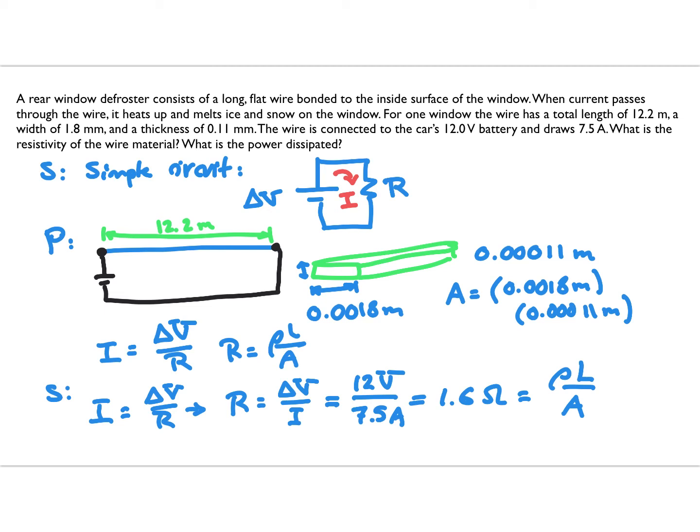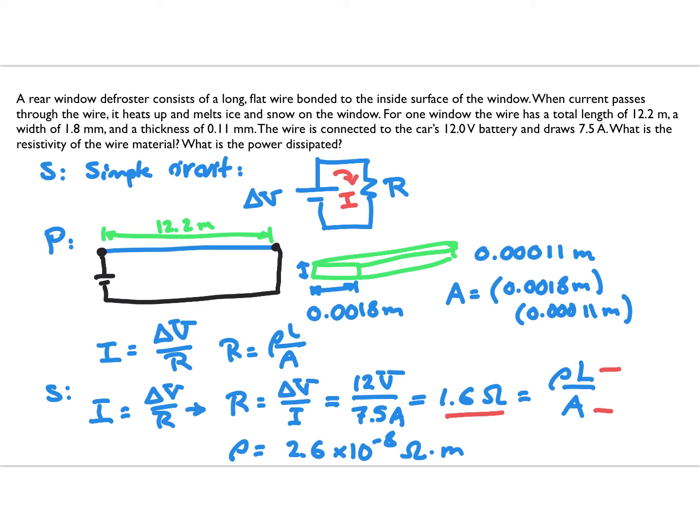So I know the resistance, the length, and the area. The only thing I don't know in that equation is the resistivity. So I can put those numbers in the equation and solve for the resistivity, and I get 2.6 times 10 to the negative 8 ohm meters.